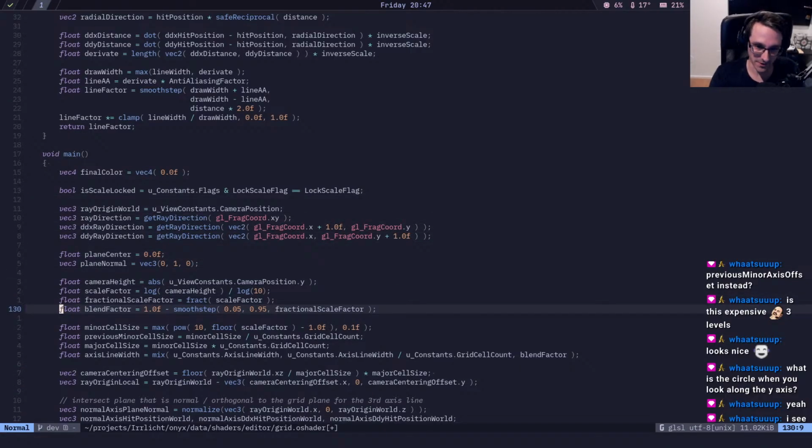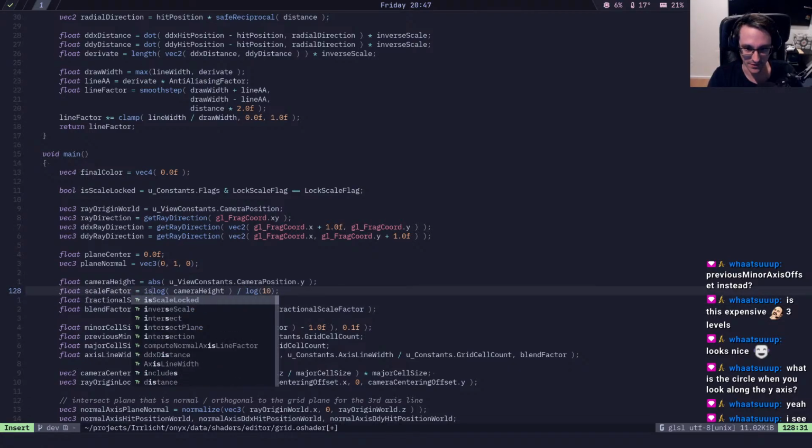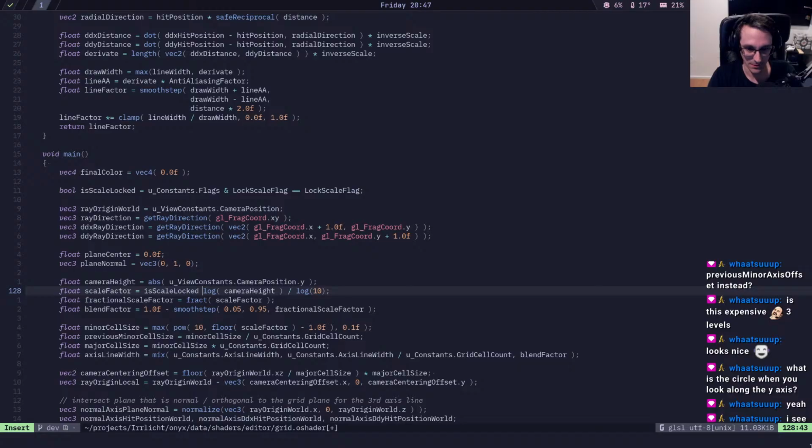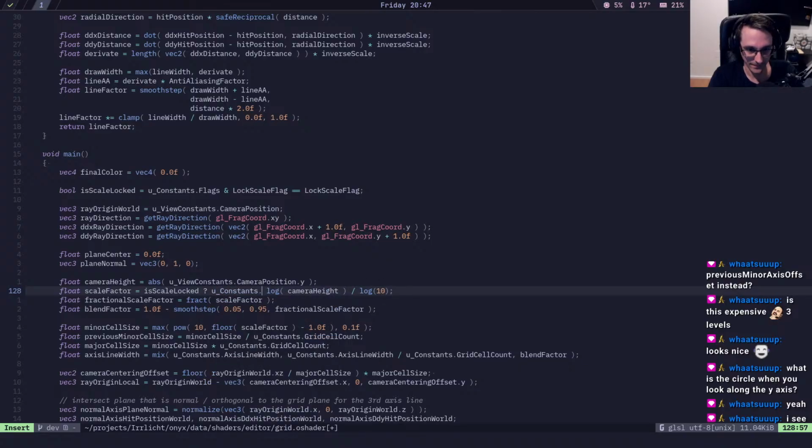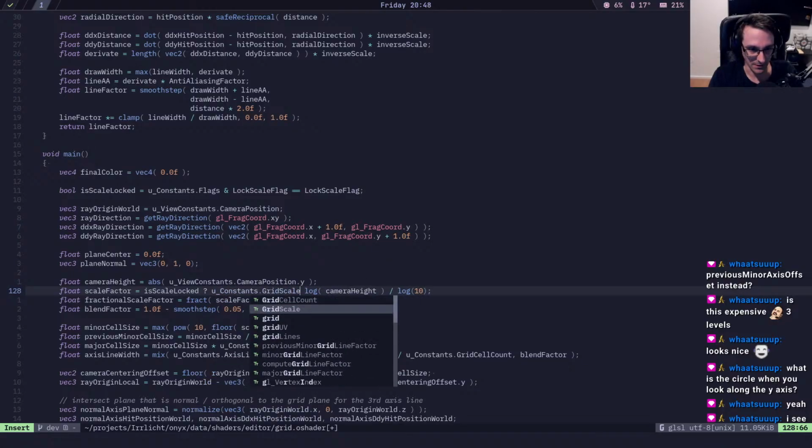Okay, and then if that is the case, then we basically do if is scale locked. Then we do our U constants grid scale.